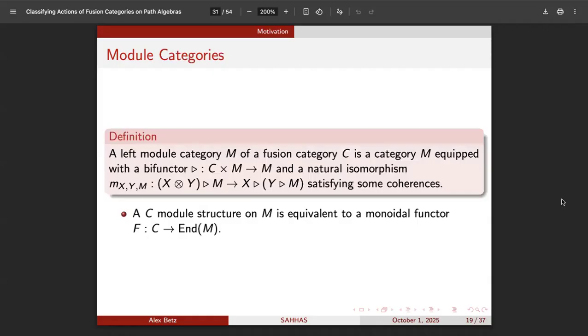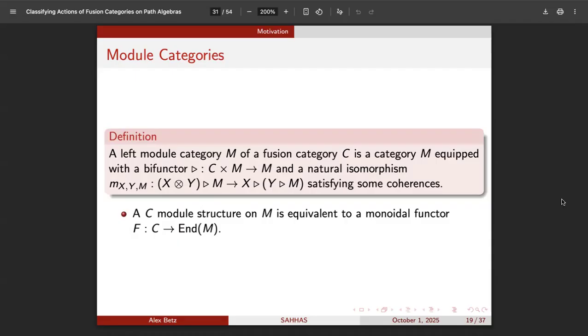So what is a module category? A left module category of a fusion category is some category equipped with a bifunctor, a map that satisfies the usual module relationship: if you're over a ring, you either multiply in the ring and then act, or you act twice, right? Somehow these are the same. And for a module category, we're going to have the same idea.